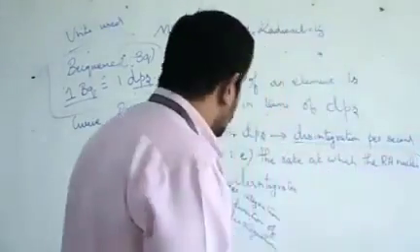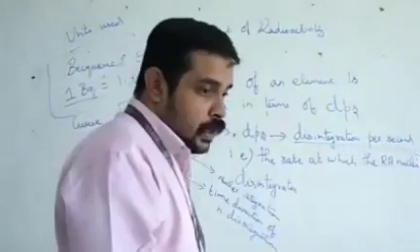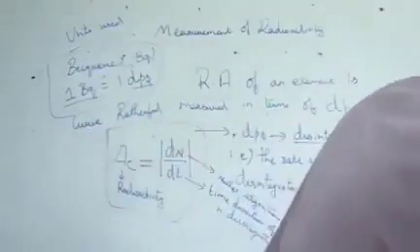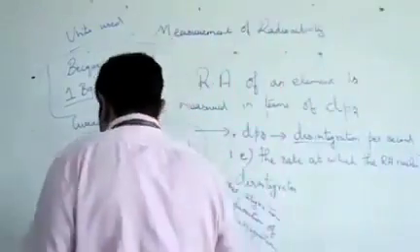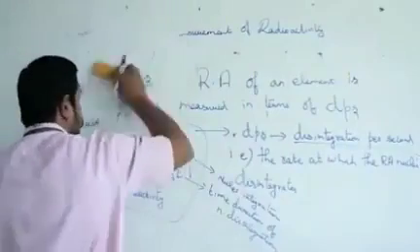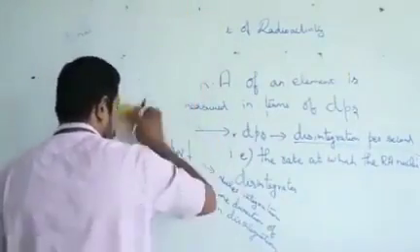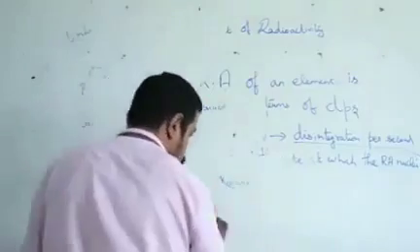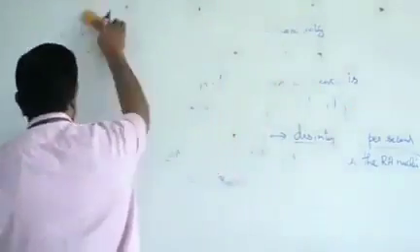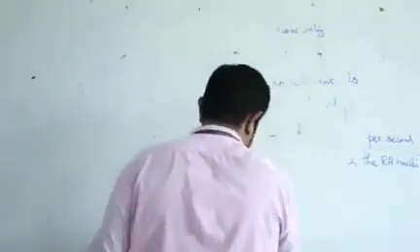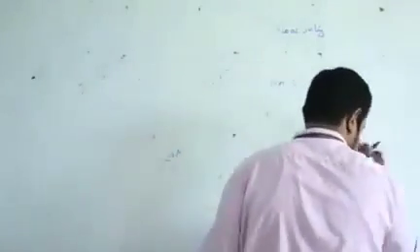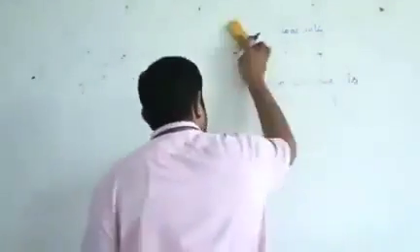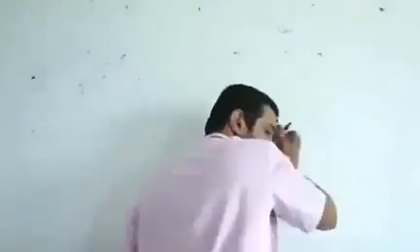Now moving on, we will move to the next topic, which will be the applications of radioisotopes. Actually, I should start Geiger-Müller counter today as a continuation of measurement of radioactivity.